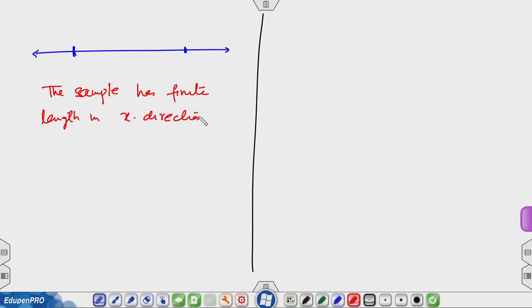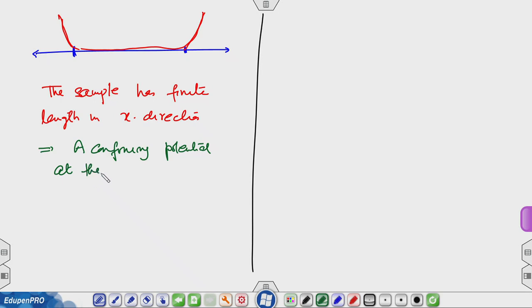So, what that will be represented by is some sort of a confining potential out here. This would be the potential in which electrons will be moving, right. So, this implies a confining potential at the edges. So, now electrons are moving in this potential like this.